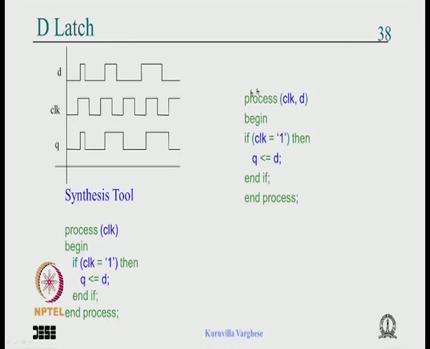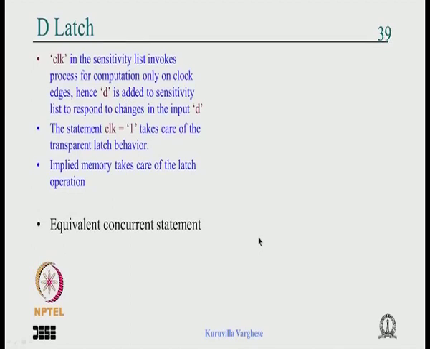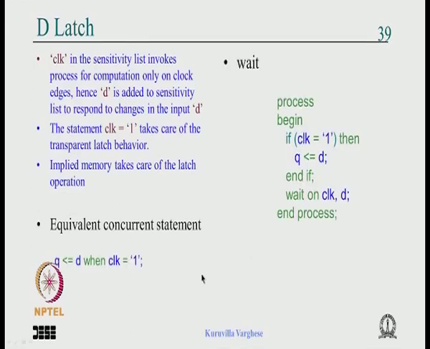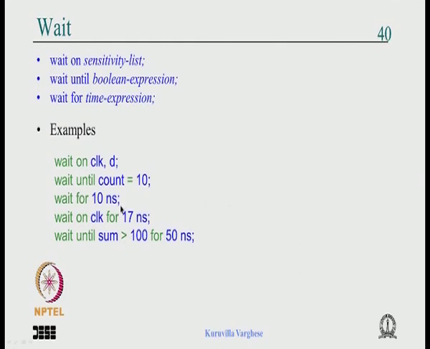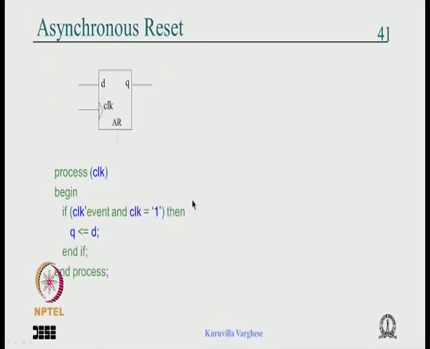So this works as code for a latch both for synthesis and simulation. You could have an equivalent concurrent statement like this, and you could use wait on instead of a sensitivity list, but not both. These are the wait syntaxes: wait on, wait until, wait for. Wait for is definitely for simulation. For the combinations you have to think whether they make sense in synthesis.